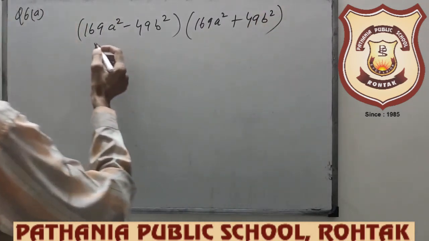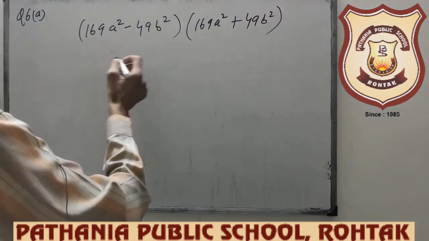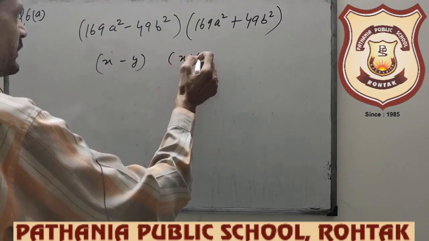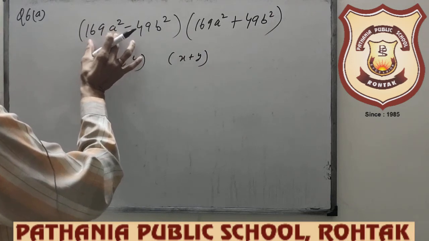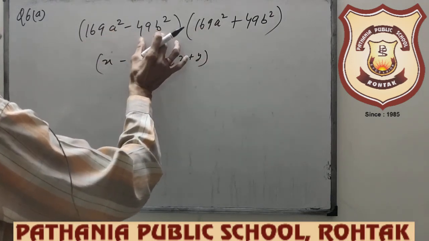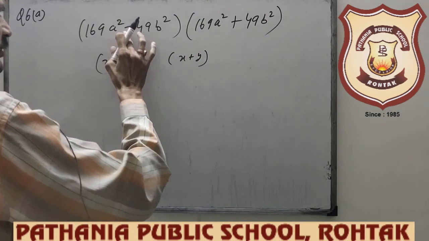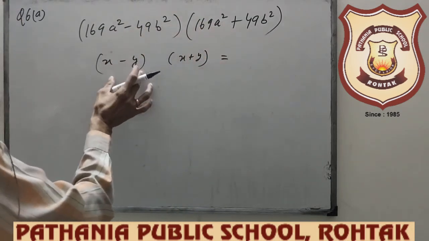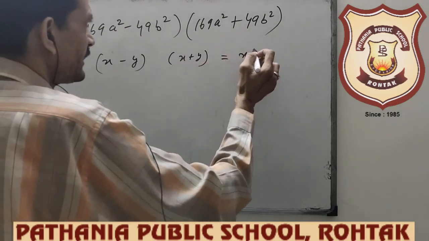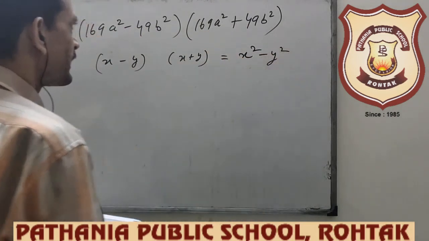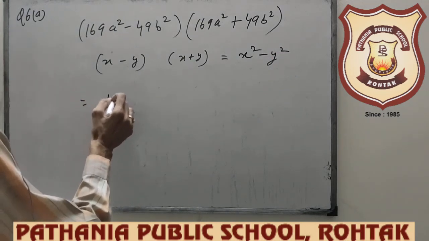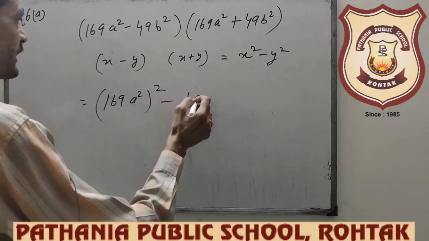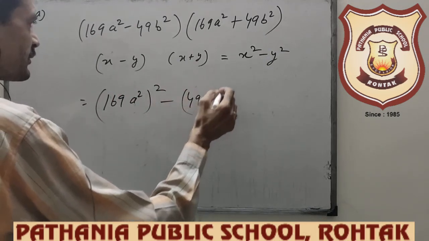So use x minus y into x plus y, because the numbers are the same: 169a square, 169a square, 49b square, 49b square. Only the difference is of minus and plus. So it is of the form (x - y)(x + y). The identity is x square minus y square. So its answer should be (169a square) whole square minus (49b square) whole square.